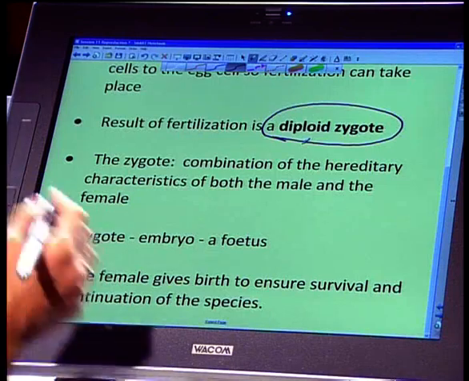All right, now, the zygote is going to have a combination of hereditary characteristics from the mother, where the egg cell came from, and from the father, where the sperm cell came from. But please remember that during meiosis 1, during prophase 1, we have crossing over taking place. And when that crossover takes place, pieces from the maternal and the paternal chromosomes are going to break off.